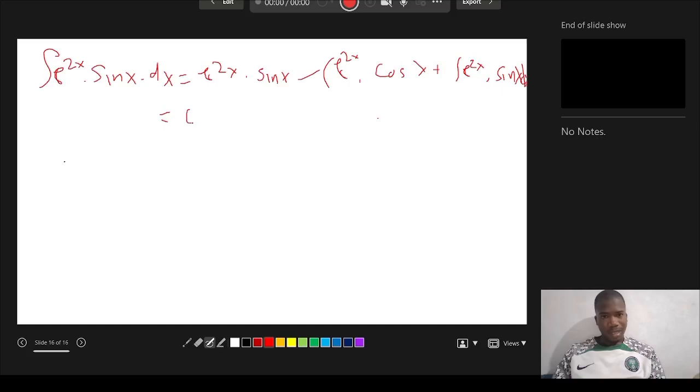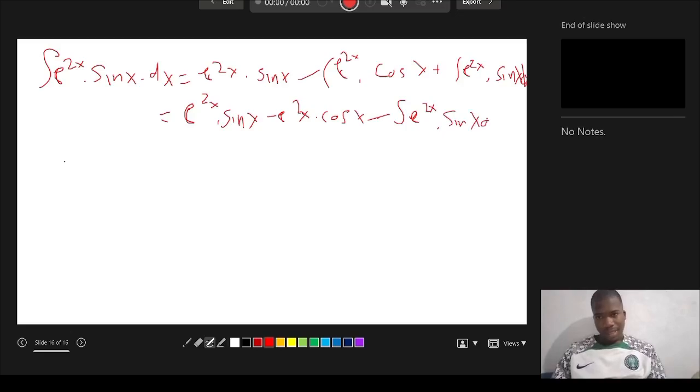Then you say it is equal to e to the power 2x multiplied by sine x minus e to the power 2x multiplied by cos x minus the integral of e to the power 2x multiplied by sine x dx, right?